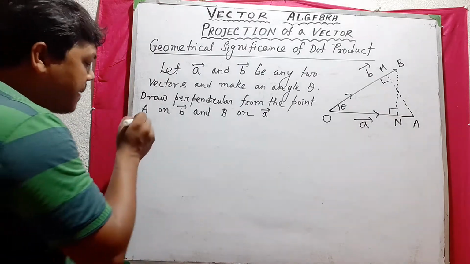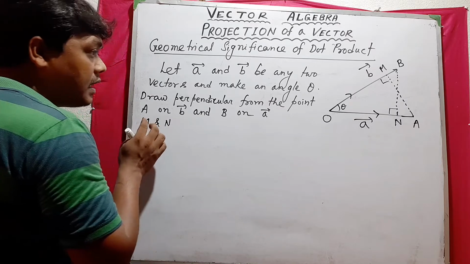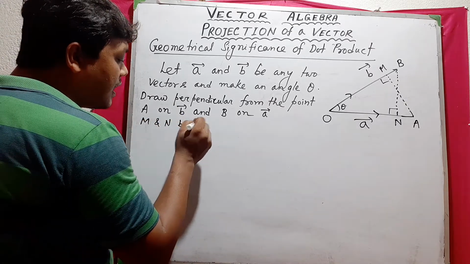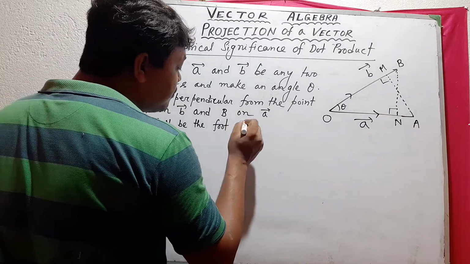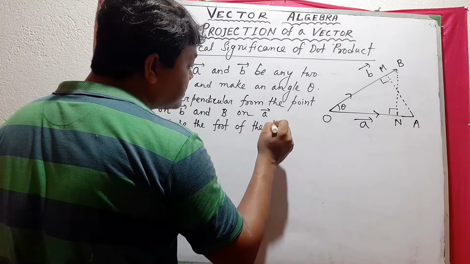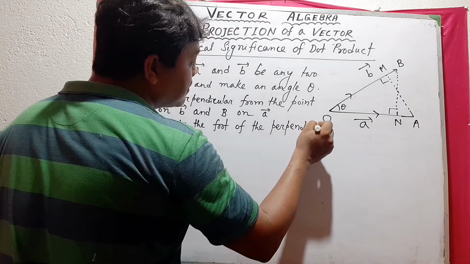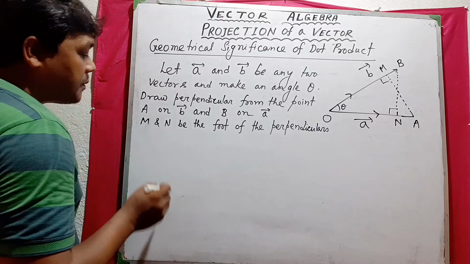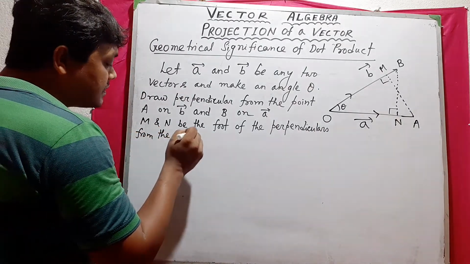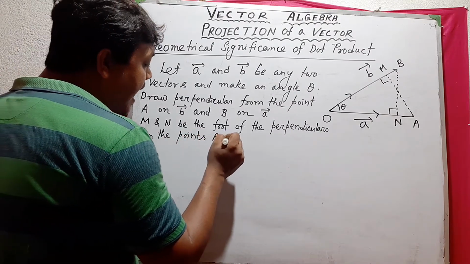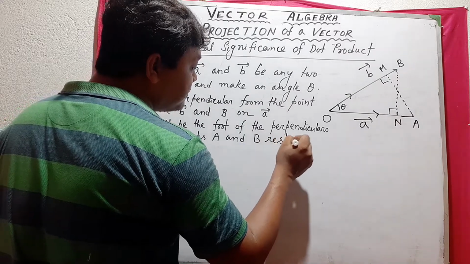That means M and N are the feet of the perpendiculars from the points A and B respectively.